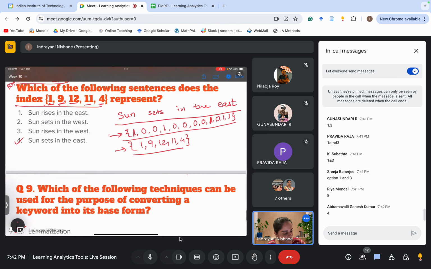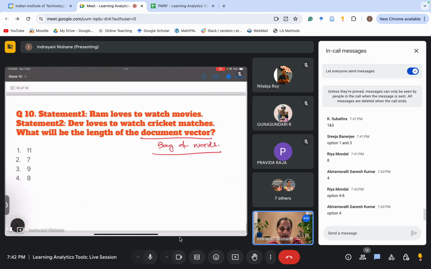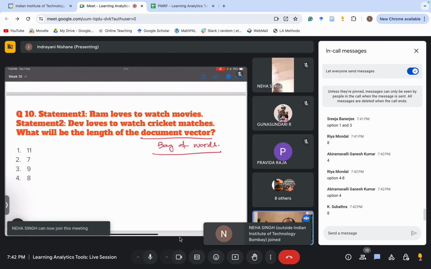Present, absent. This was the document vector. In other words, this is bag of words only. The question is how many words will be part of the bag of words, that is, the length of the document vector.